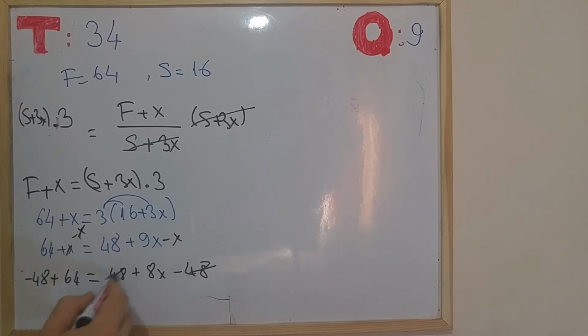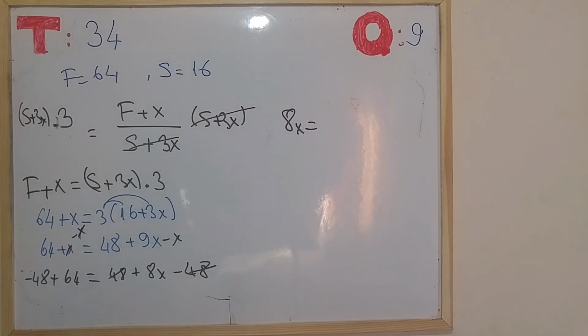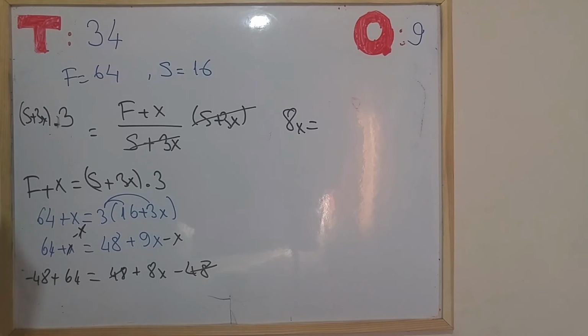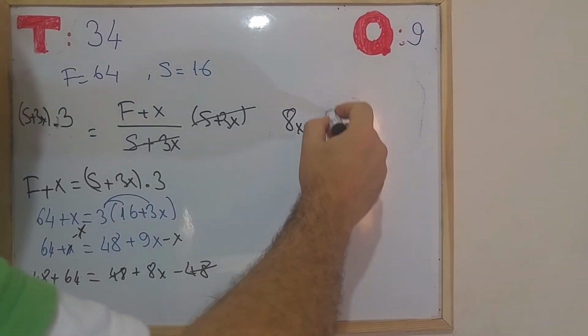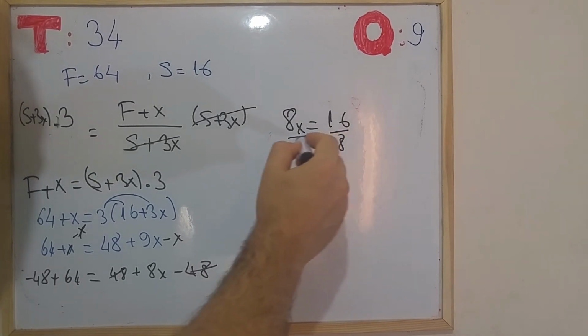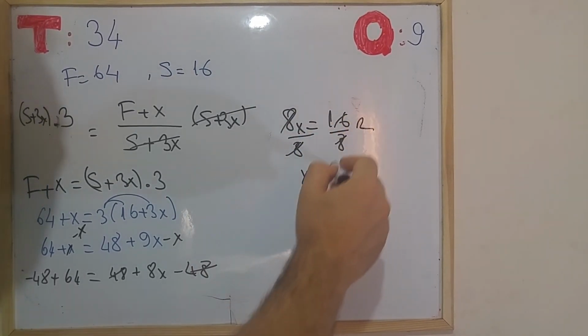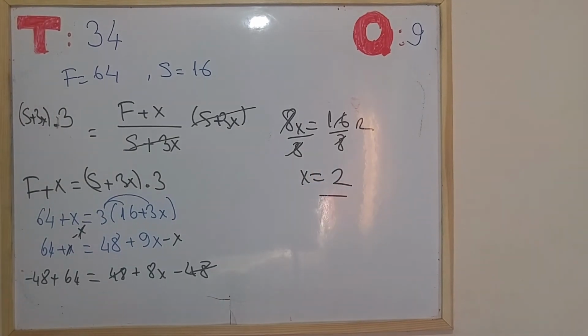Now what I have is 8x on one side is equal to 64 minus 48, which is equal to 16. Now let's divide each side by 8, so x will be left alone. So x is equal to 2.